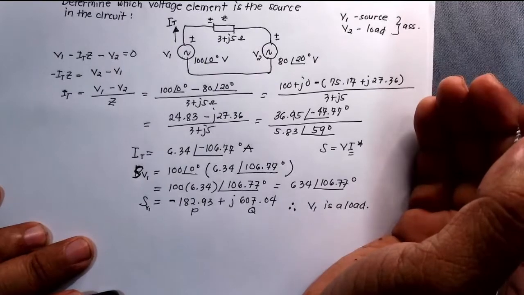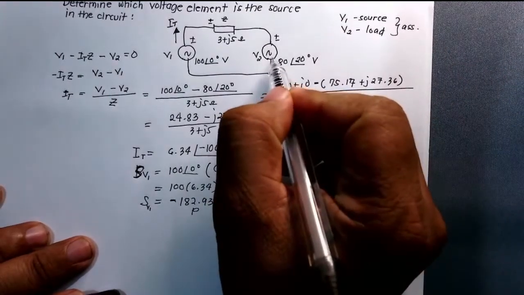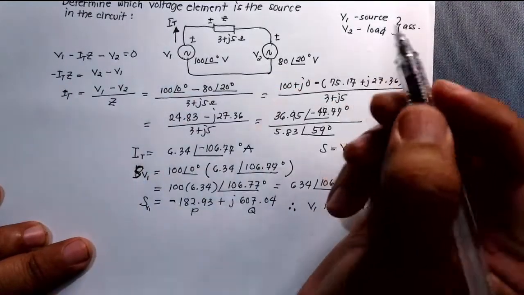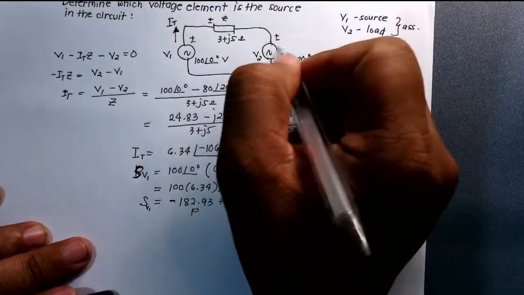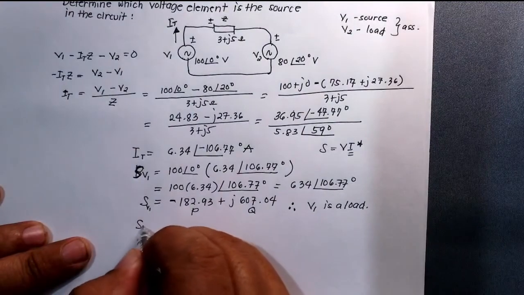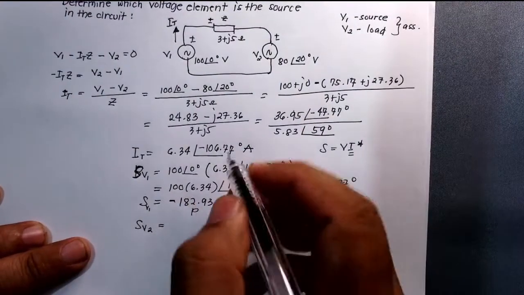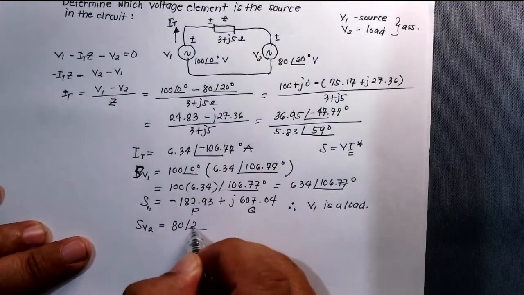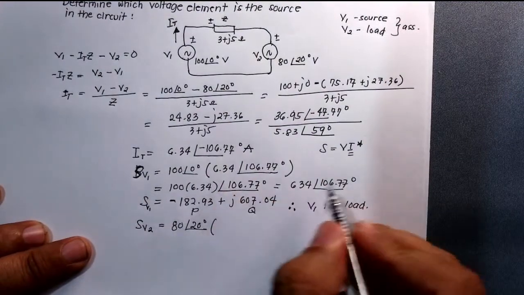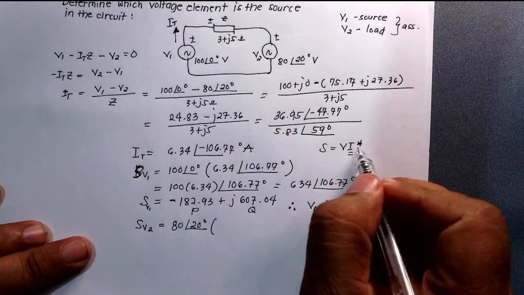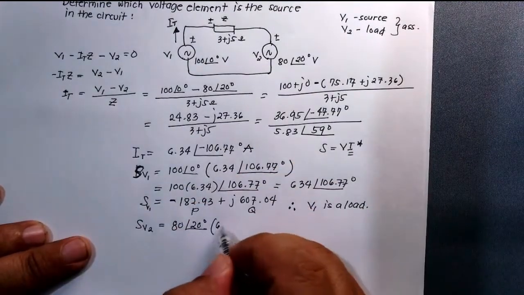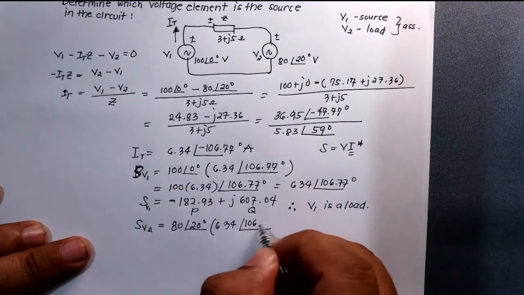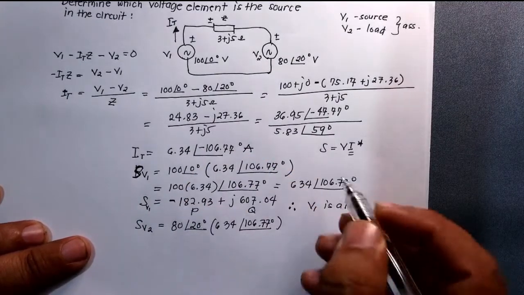Now for further explanation or proof that this really is the source and this one is the load, I will also get the power here, so that will be S sub B2. What is my voltage here? That is 80 cis of 20 degrees multiplied by the conjugate of the current, so that will be 6.34 cis of positive 106.77.